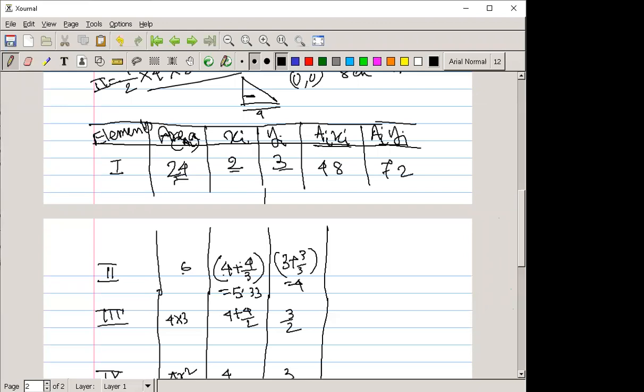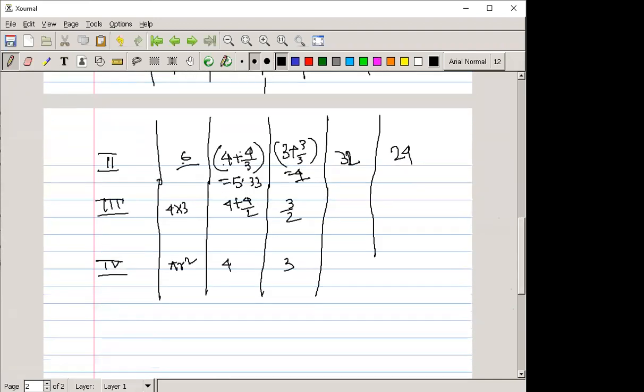So 6 into 5.33, so what is the value? 32, I think 32. And this is again 24, 6 into 4. And this is 12.